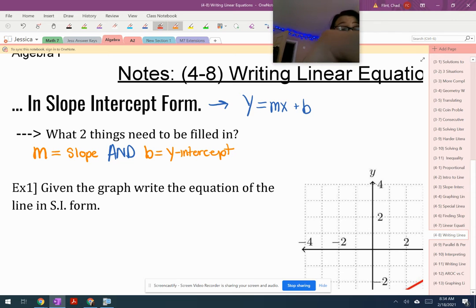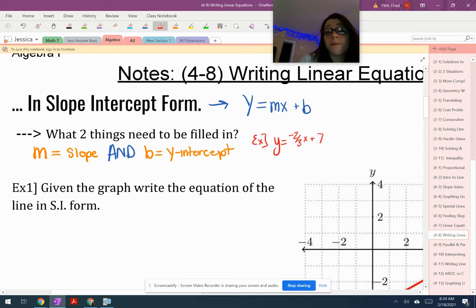Okay, and that makes sense because when we see examples, we usually see something like y equals negative 2/3 x plus 7, right? The m and the b are the pieces that get filled into that equation. The x and the y stay x and y.